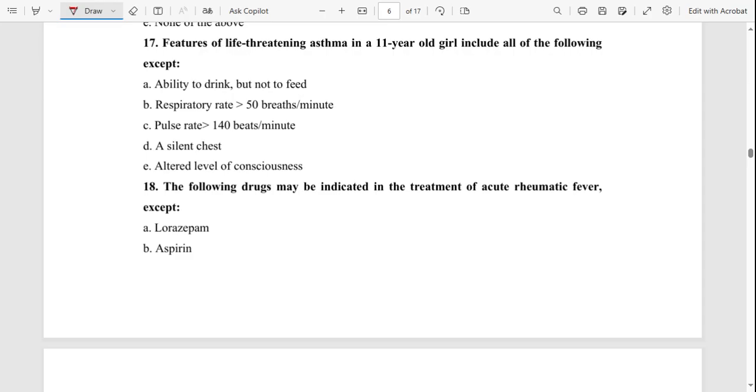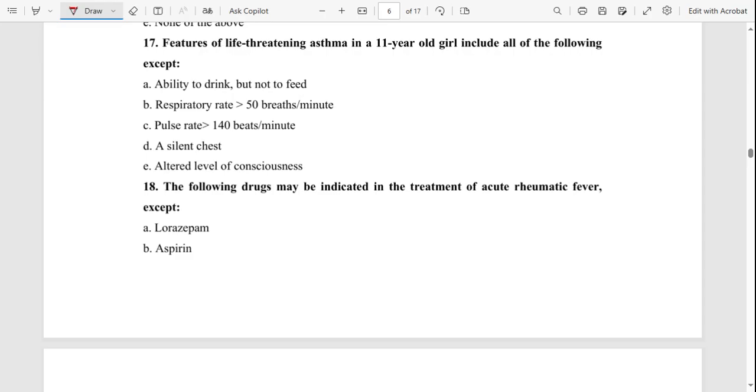A child in the severe form of asthma will become breathless, and someone who is breathless will not be able to talk or feed. So the ability to drink or feed would be a positive sign. That means the condition is less severe. It's not life threatening.